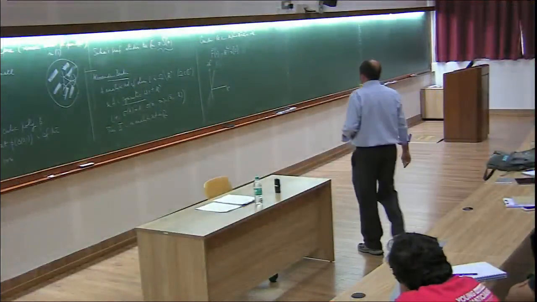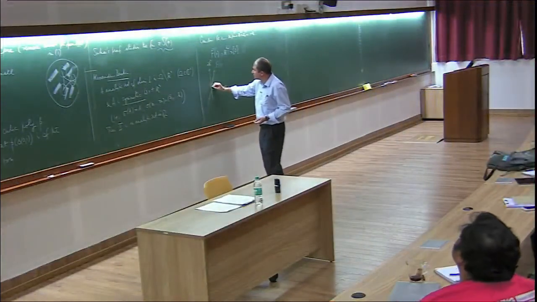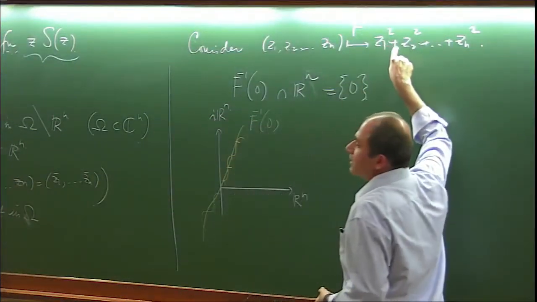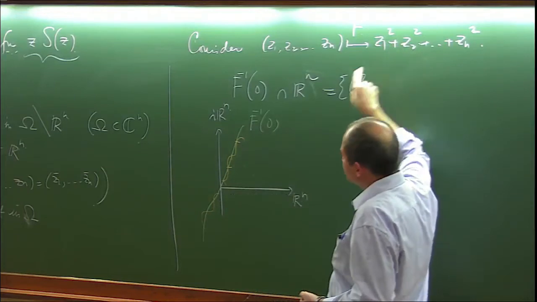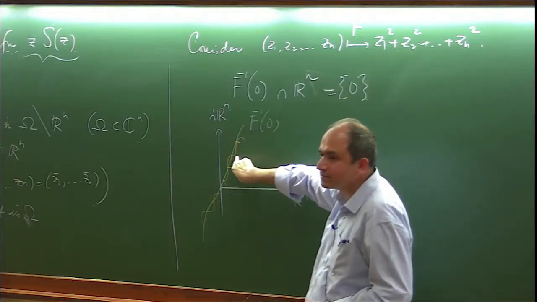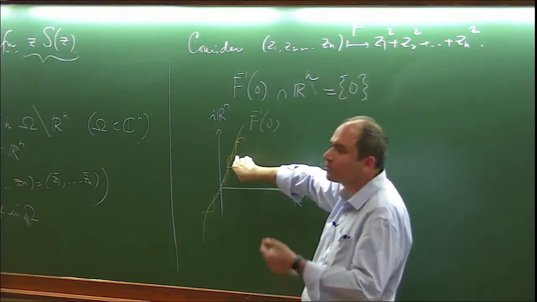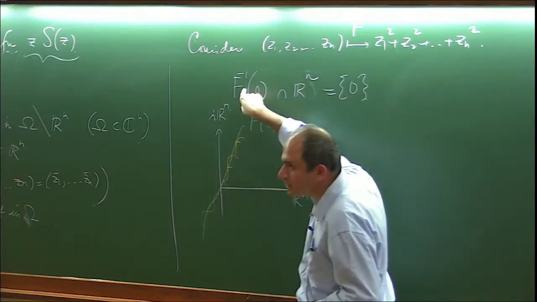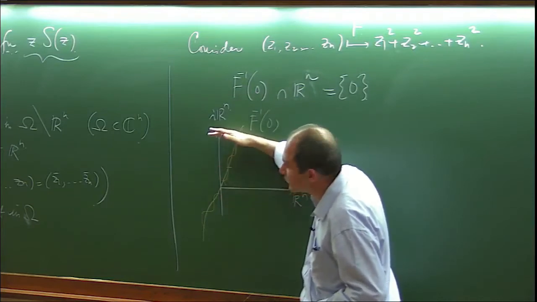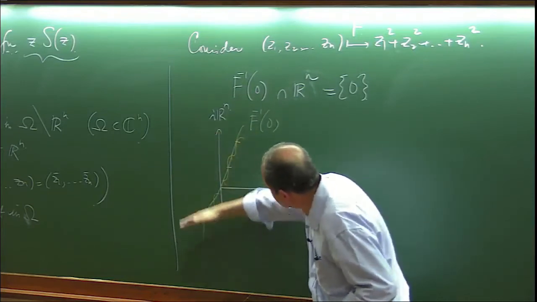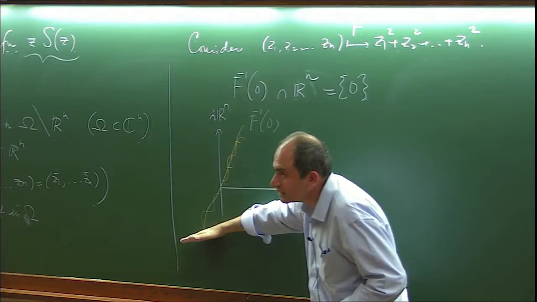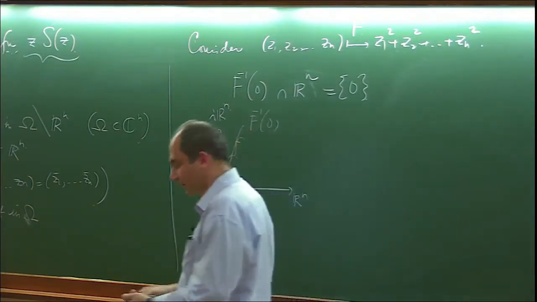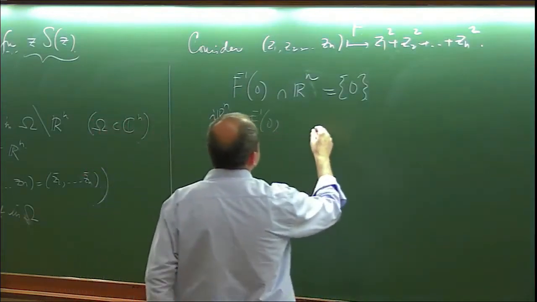And therefore, F restricted to this orange variety is going to give you a proper map, because the preimage of 0 is not a continuum, there are gaps. So I can choose a suitable set of neighborhoods that avoids the points of intersection to get a proper map onto C. So this is where the theorem starts.